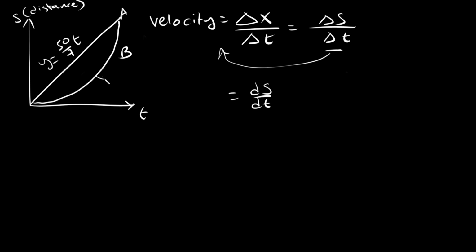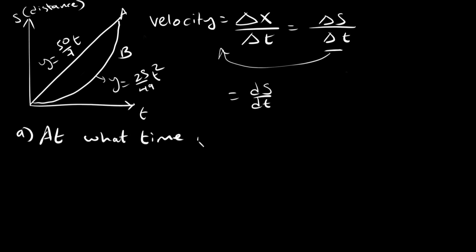And for my b, my function is equal to 25 over 49 t to the power of 2. So my first question is, at what time is the distance the greatest?